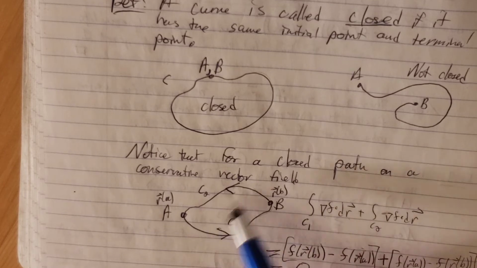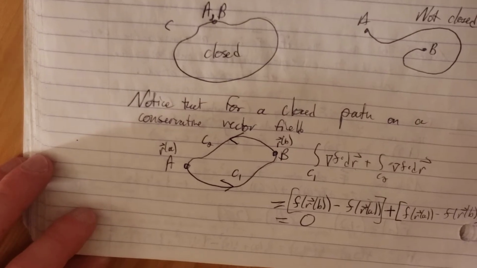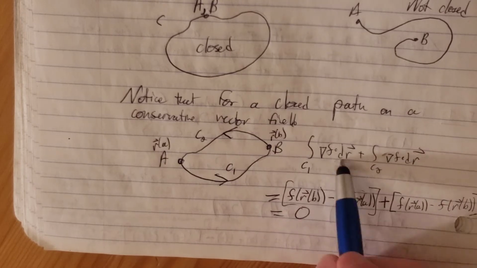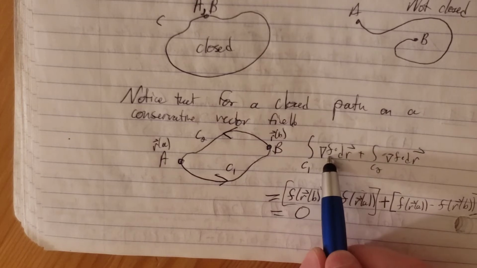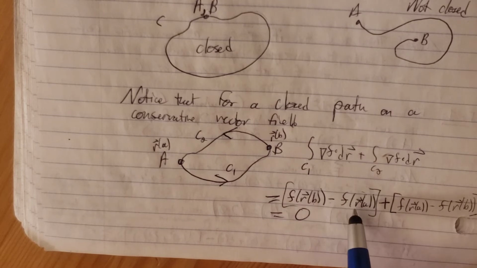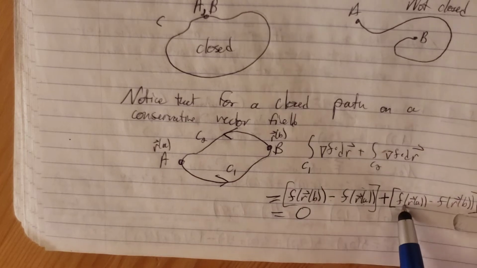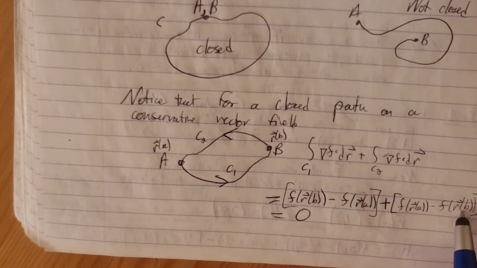So the integral over all of this is the integral over C1 of the gradient of f dot dr plus the integral over C2 of the gradient of f dot dr. Since this is a conservative vector field, evaluating this means we evaluate f at r of b minus f at r of a, and we add to that f at r of a minus f at r of b.